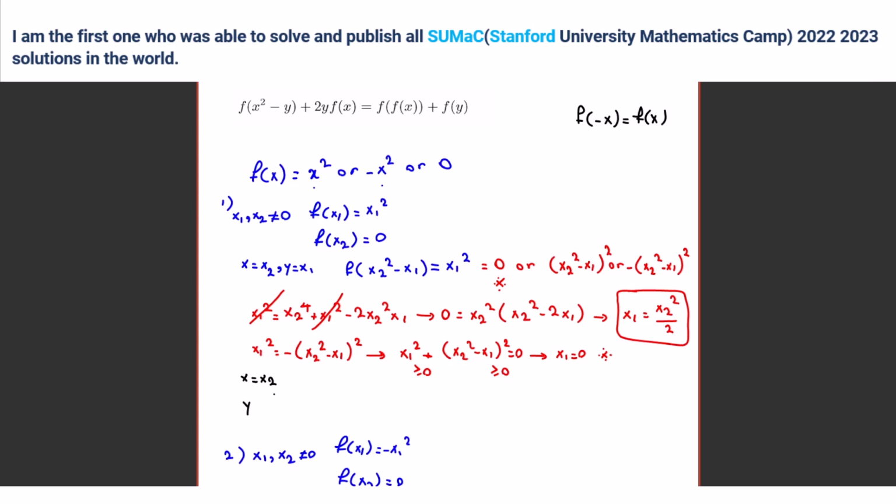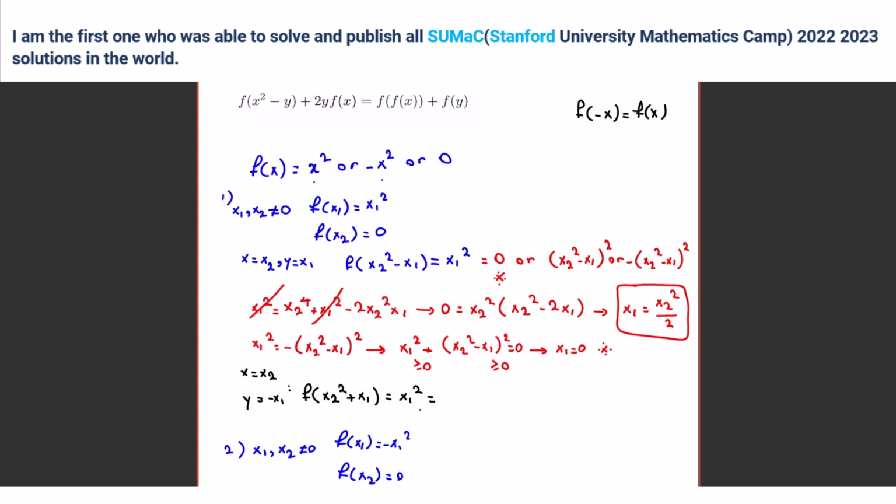So in the previous case, y was x1. Instead of x1, we can write y equals negative x1. Then again, this part is 0, we can cancel, and we can write again: we have one f of x2 squared plus x1 is equal to f of negative x1, which is equal to f of x1, which is x1 squared, right?